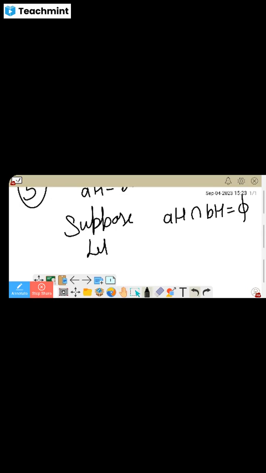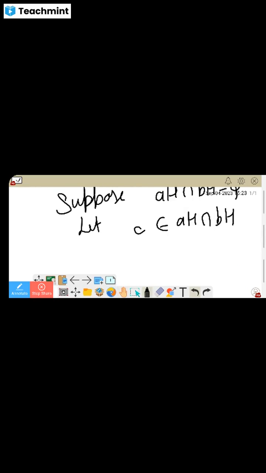So let C belong to AH, any element belonging to this intersection. Then C belongs to AH and must belong to BH.